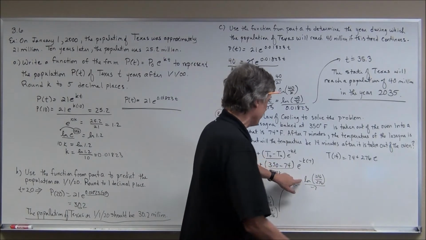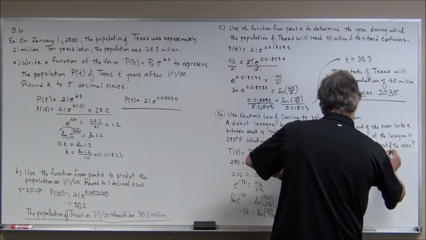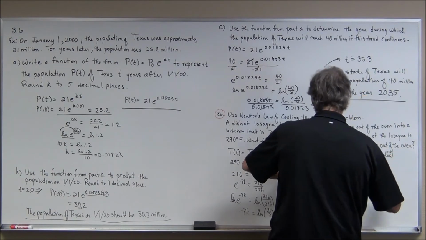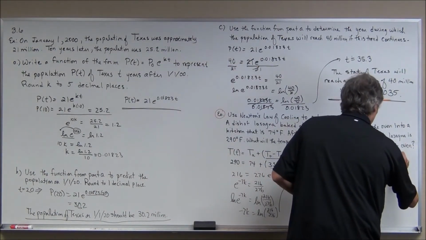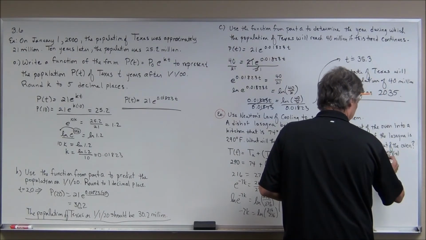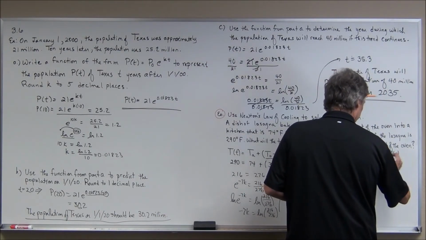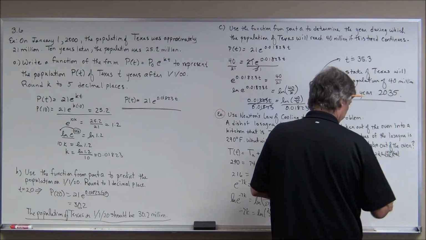That'll just make that positive. So I'm going to write this as 1/7 the natural log of 216 over 276 times t, and this is 14. Well, the 1/7 and the 14, right? That just becomes 2. So that's going to be 2 times this natural log here.